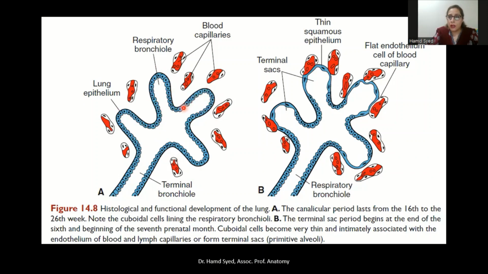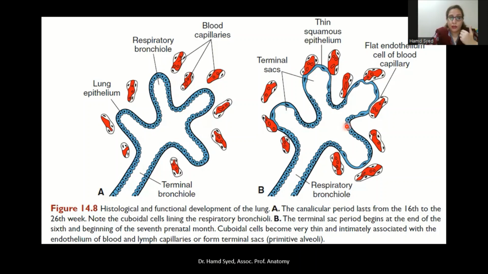But the epithelial lining in the respiratory bronchioles is cuboidal epithelium. Also, the capillaries which are surrounding these bronchioles are present at a distance from the bronchioles. So survival during this time period, if the fetus is delivered, would be difficult and would need a lot of intensive care and support.